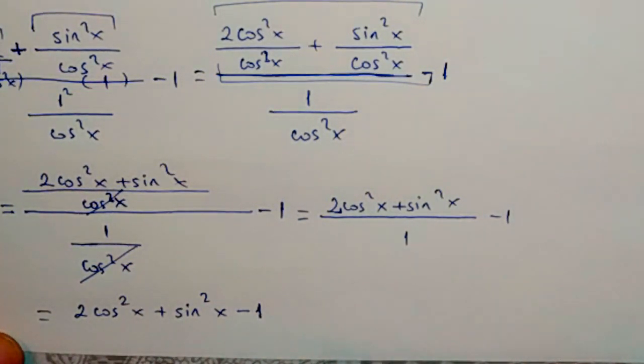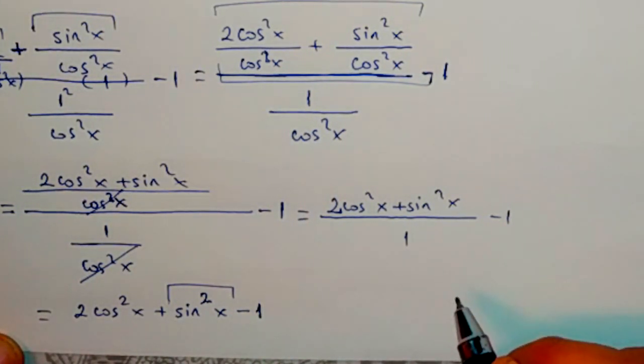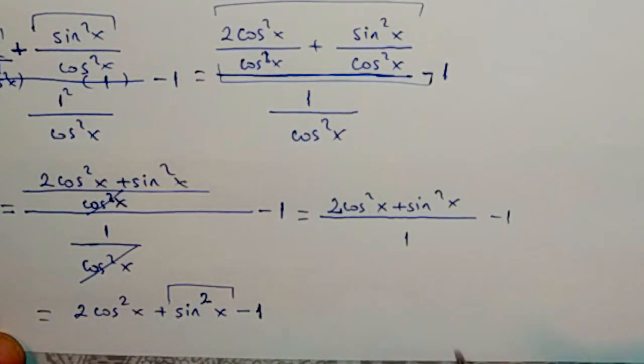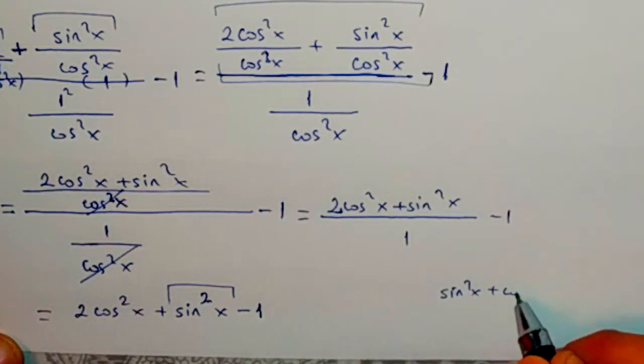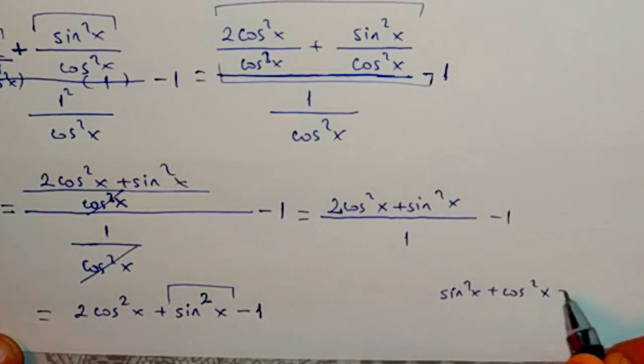Dear students, what can I write instead of sine square x? Look at this. By using the basic identity, sine square x plus cosine square x is equal to 1.